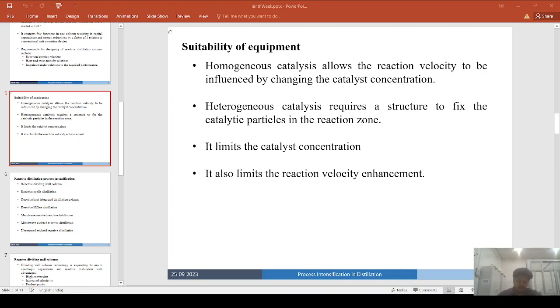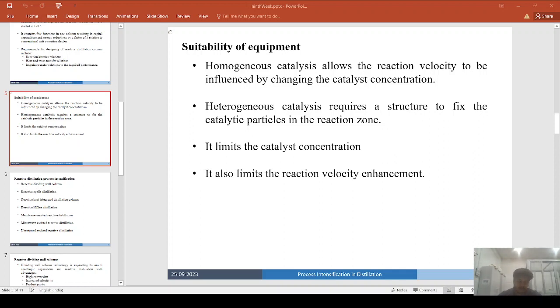In those scenarios, your catalyst concentration will be limited by the structure. Because your structure will be fixed, the net available specific surface area for the contact to happen will also be limited based upon the structure.